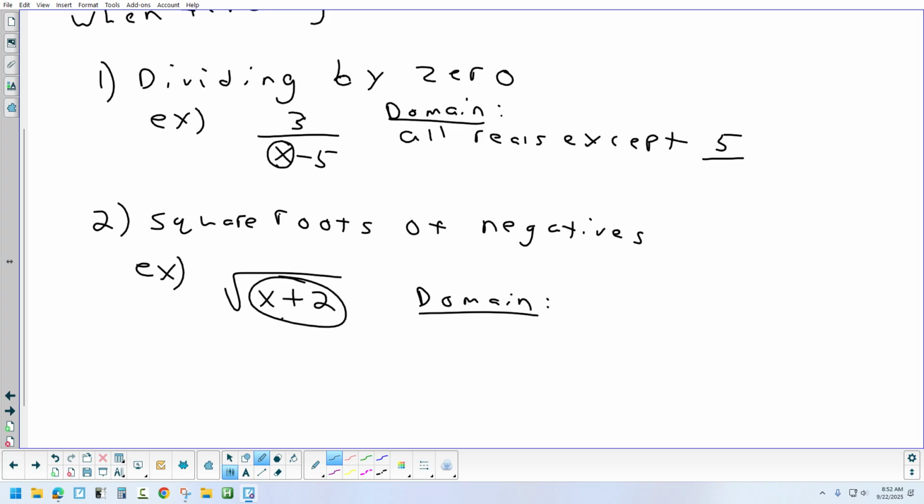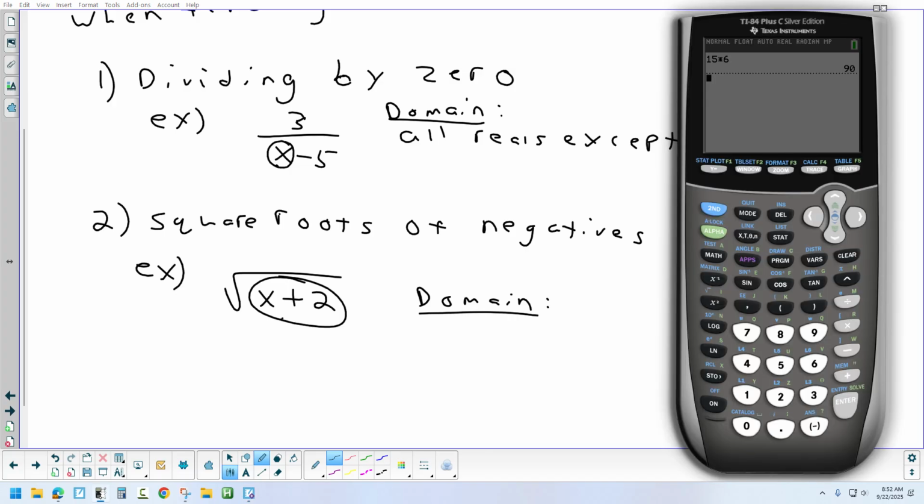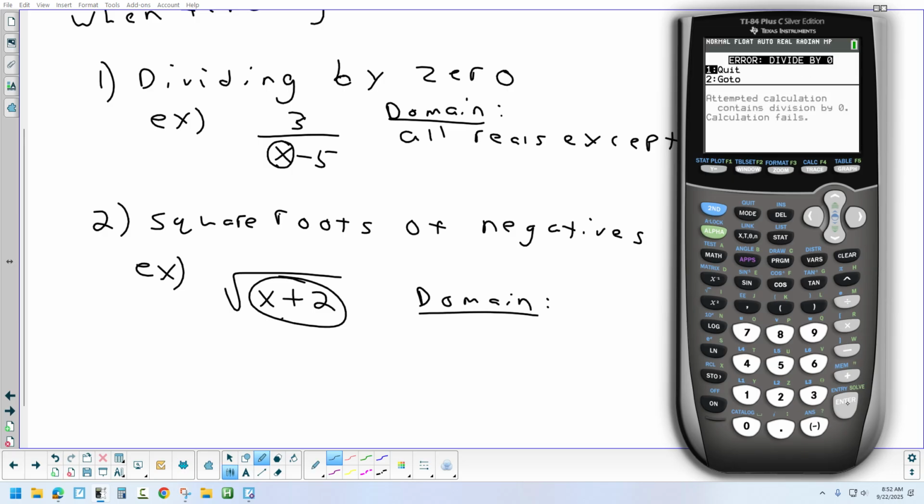A lot of people mix up dividing by 0 with taking the square root of 0. You can't divide by 0. That gives you an error. But you can take the square root of 0. That's perfectly fine. No issue with the square root of 0. We just don't want to do the square root of anything smaller. When we try to do the square root of something smaller, it tells us it's not a real number.